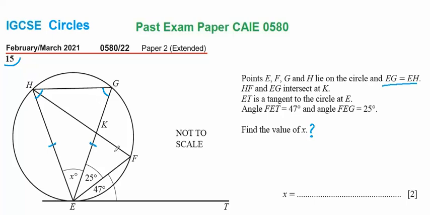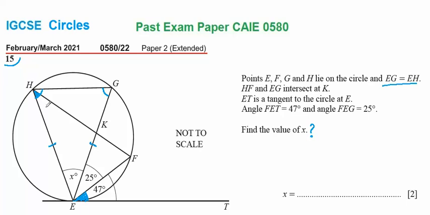So we are given these angles. If we use this angle 47, which is the angle between this chord EF and the tangent ET, then according to the alternate segment theorem, this chord is subtending an angle in the circle, this one, because E is joining with H and F is joining with H. This is the angle subtended by this chord in the circle.